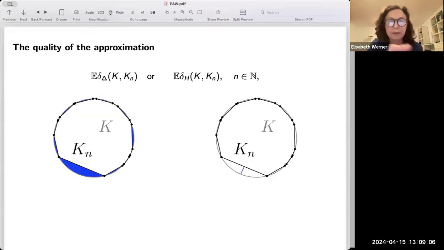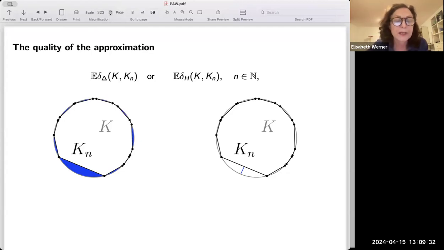Now, let's look at this picture here, which shows how these two measures, the expected symmetric difference metric and respectively the expected Hausdorff distance, differ. It's always the same body K that we look at, and the same random polytope Kn.